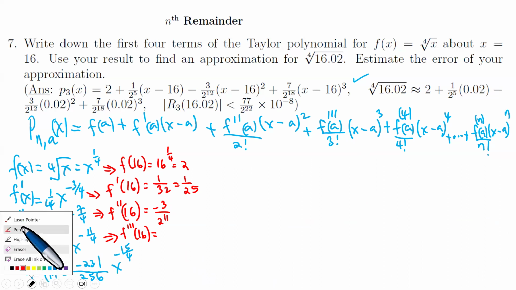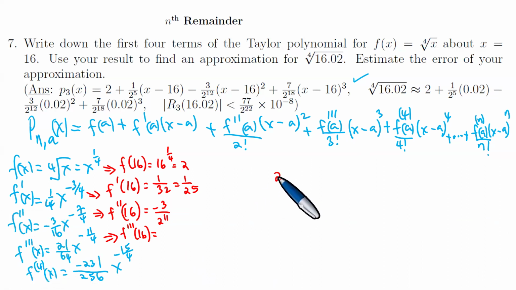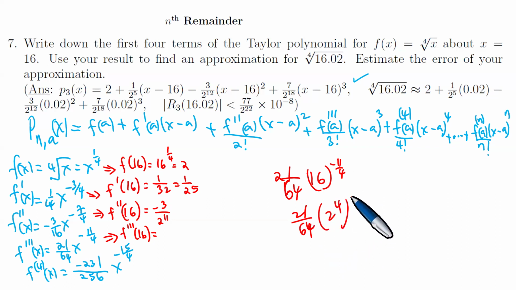So now you have 16, which is minus 11 out of 4. 2 to the 4.